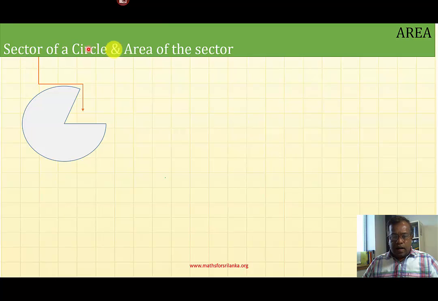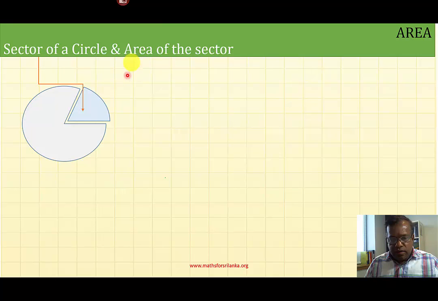Sector of a circle and area of the sector. If you can remember, in our lesson on perimeter, we talked about the sector of a circle. Just to recall again, the sector of a circle is a part of a circle containing two radii and the intercepted arc. So this is a sector of a circle.